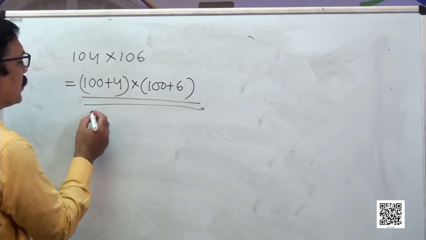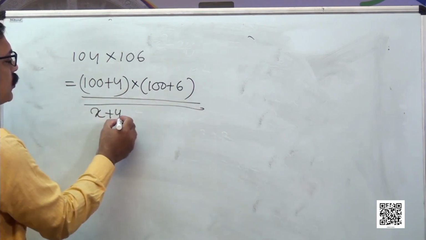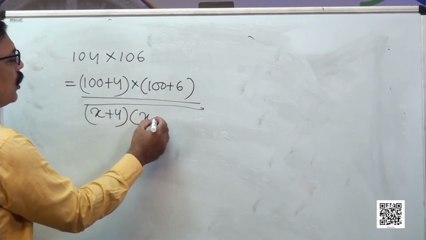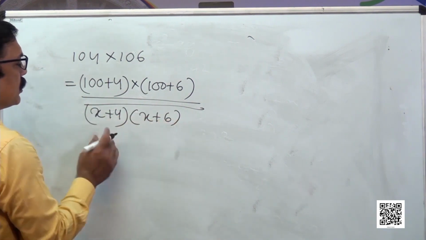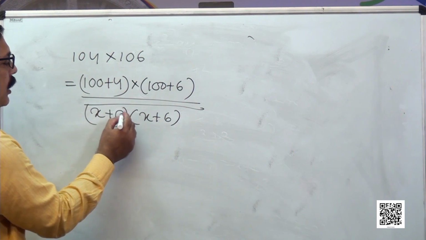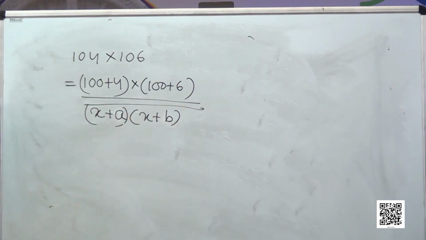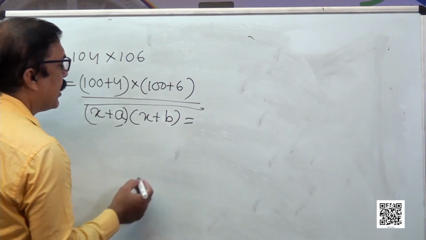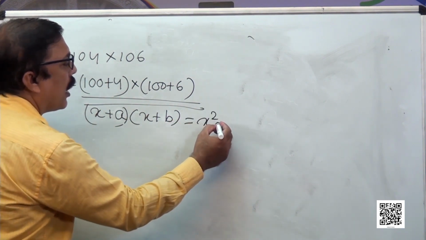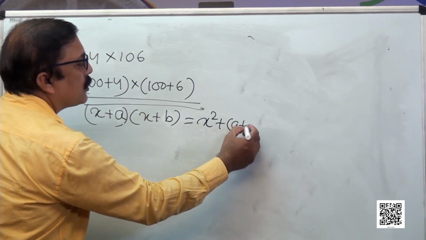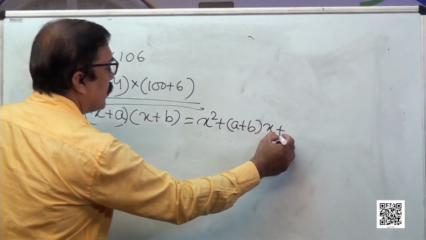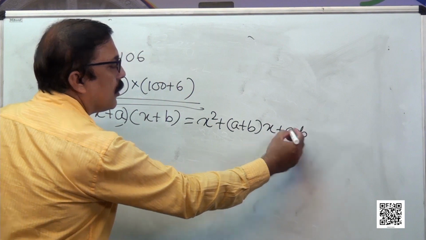Just compare this with x plus 4 into x plus 6, or the identity x plus a into x plus b, and this identity gives x square plus a plus b into x plus ab.